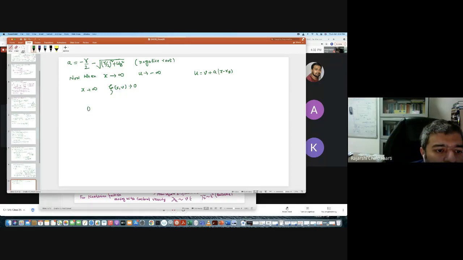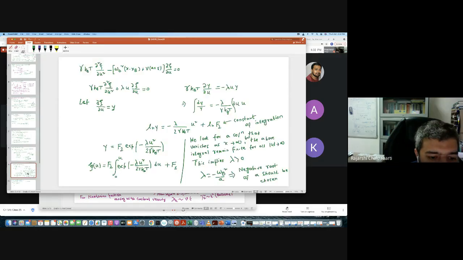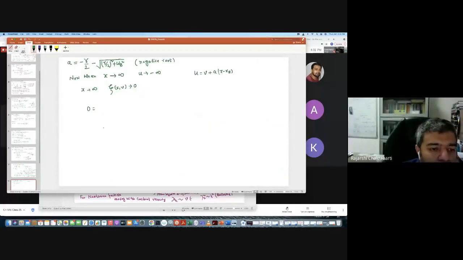So on your left hand side I'll have 0 because of this expression that I'm calculating. 0, and then the first term is f1. I just put it like f1 plus f2 from 0 to minus infinity, because your u goes to minus infinity when x goes to infinity, and then you have exponential of minus lambda u square by twice gamma kbt, integrate.